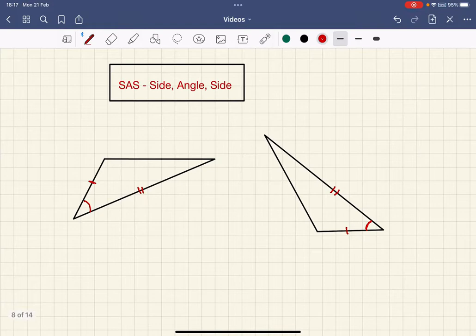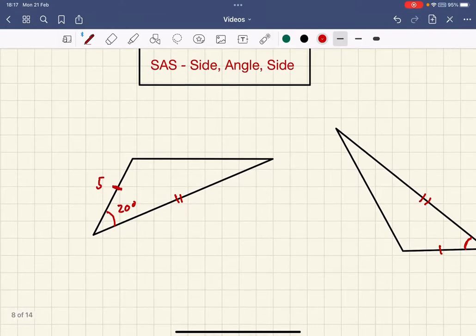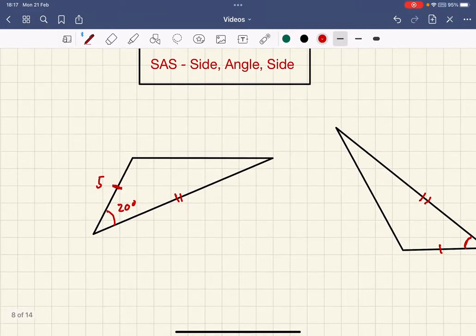So we have another one called SAS, and this is exactly what it says here, that we go side, angle, side in that order. So we have a side here, so let's label this side as 5, and then we have an angle here that might be 20 degrees, and then we follow on around the triangle to get another side, and this could be 8 as an example.